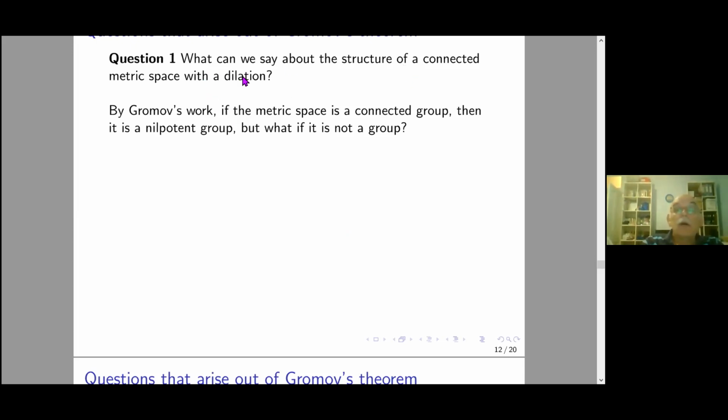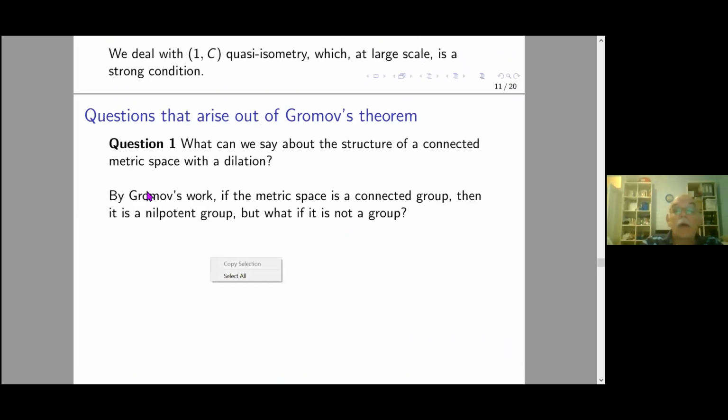It was also a topological group. So by Gromov's work, if you get a connected metric space that's got a dilation, then it has to be a nilpotent group. But what if it's not a group? What if we just take a connected metric space that has a dilation? What can we say about that? That's a question that arises out of this work of Gromov.